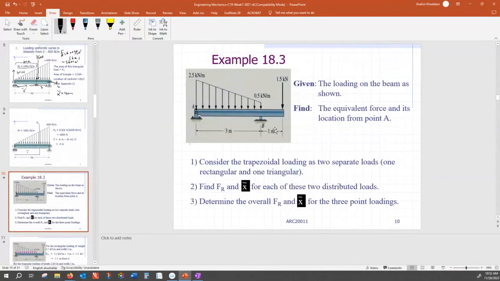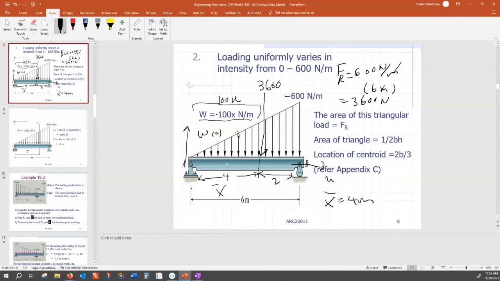Now, this is more challenging. Can I ask everyone to give this a go before we try it together? In the previous part we were trying to find the resultant force, line of action, as well as the reactions. That's what you do with the beam.